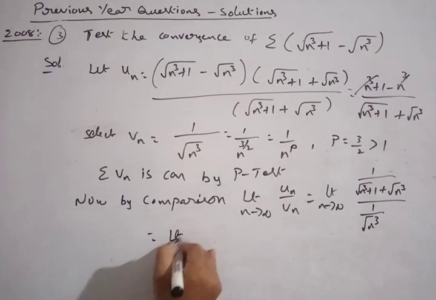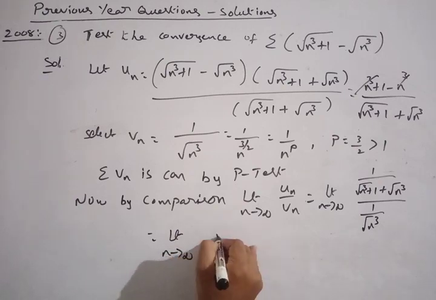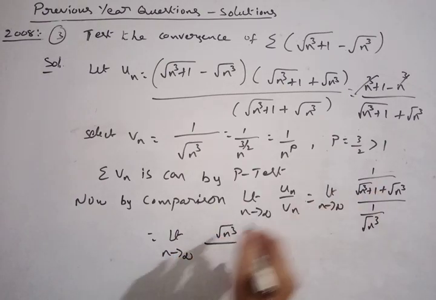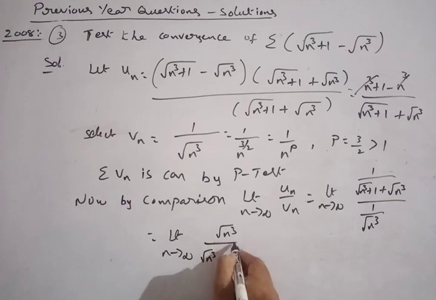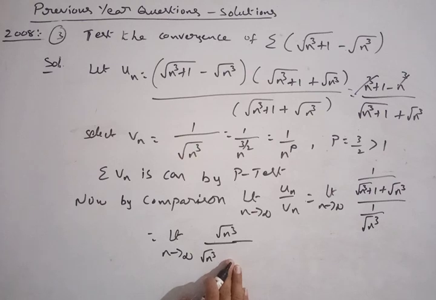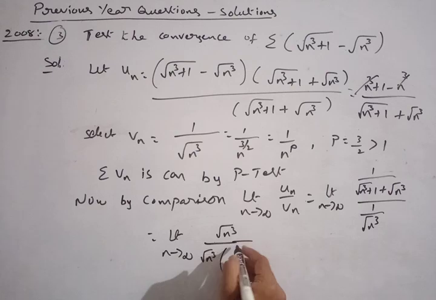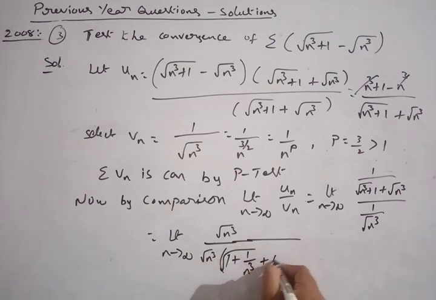So this is equal to limit n tends to infinity root n cube. If we take common root n cube here, n power 3 by 2 it becomes, so 1 plus 1 by n power n cube under root plus 1, correct?